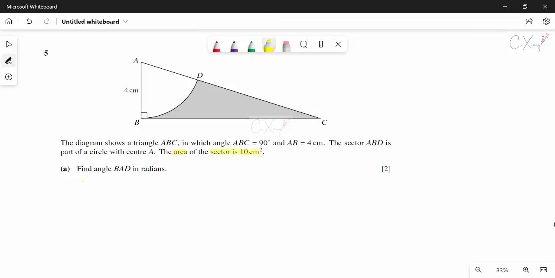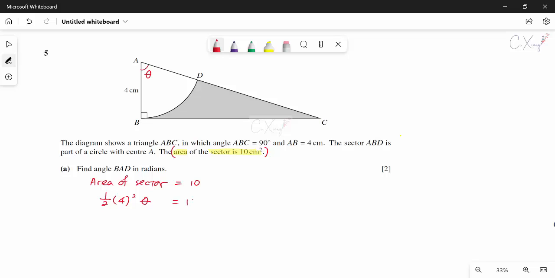Okay, so first they want us to find the angle BAD in radians. To find the angle BAD, I think I will use this information where the area of the sector equals 10. So what is the formula for the area of a sector? It will be half r squared theta. In this case, the theta I am referring to is the angle of BAD.